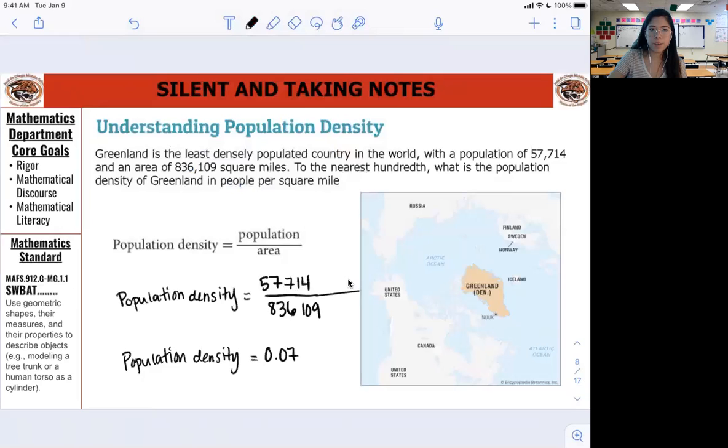Nope, go back and read. People. This is square miles. So this is 0.07 people per square mile.